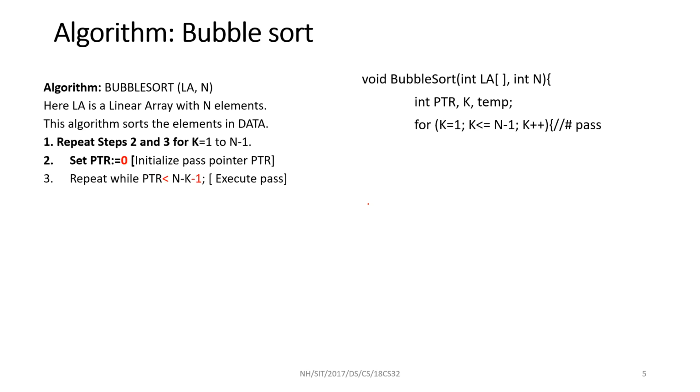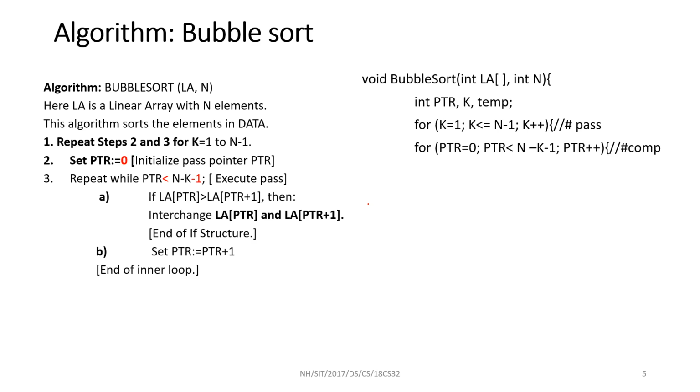In the inner loop, we'll be using PTR. We start from 0, and the final value to reach is n minus k minus 1. This is the stopping condition.